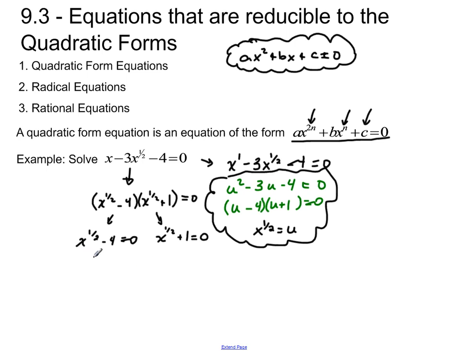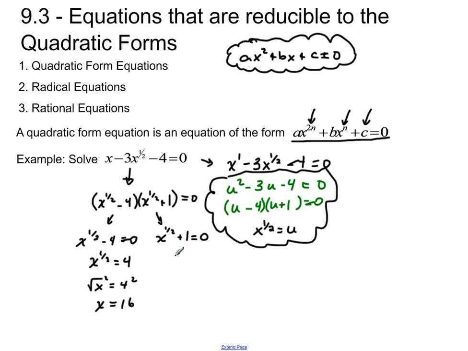Well, in the first case, we get x to the 1/2 power is equal to positive 4, and the 1/2 power, remember, is a square root. So this is like saying the square root of x is equal to 4. And to solve this equation, we would square both sides and come up with a solution of the form x is equal to 16.